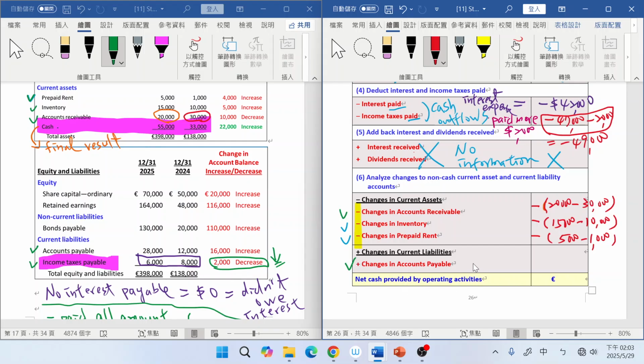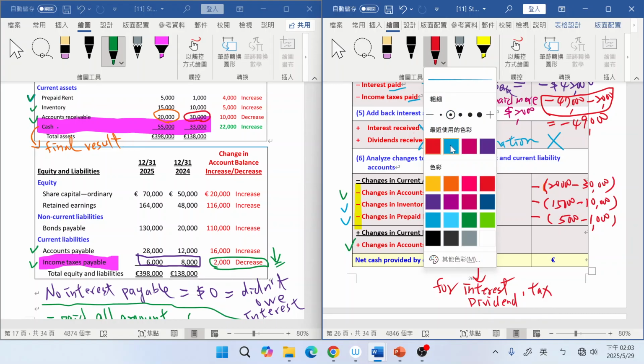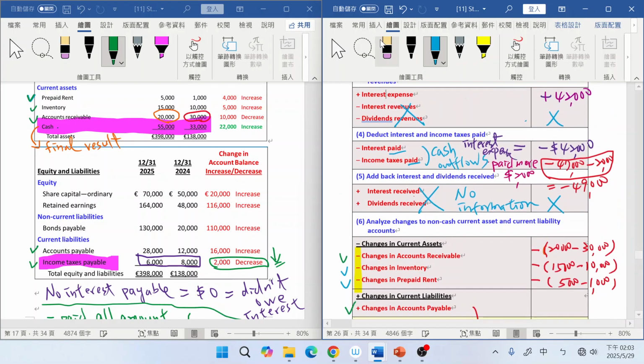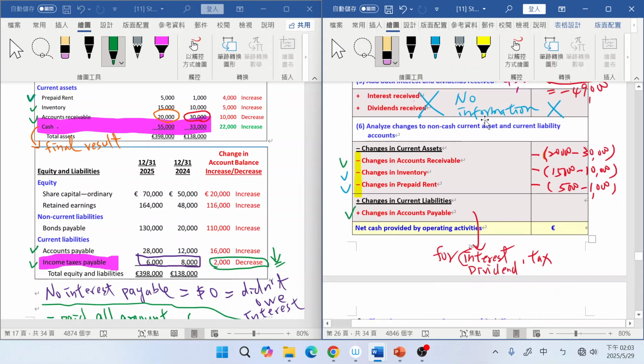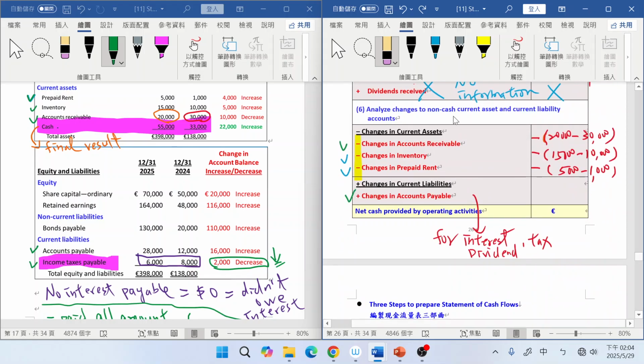So for interest, dividends, and tax, for these three big guys, we've done already on your step 2 and step 3.